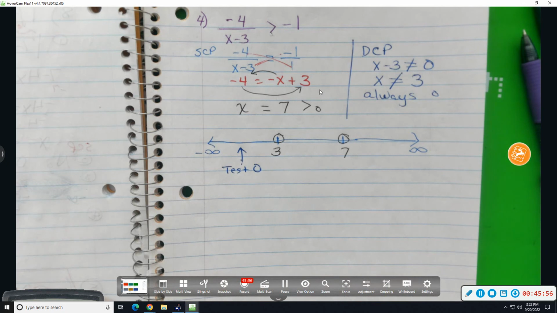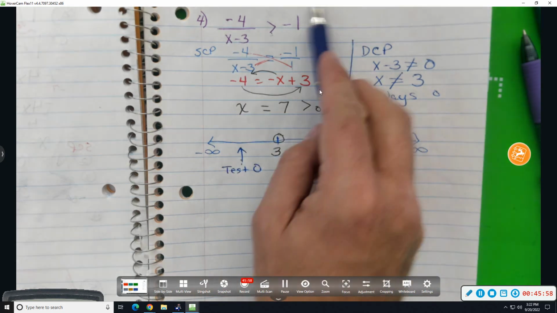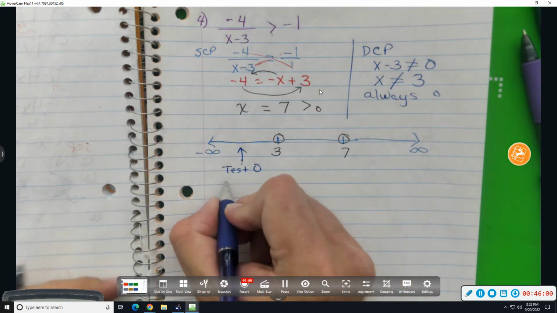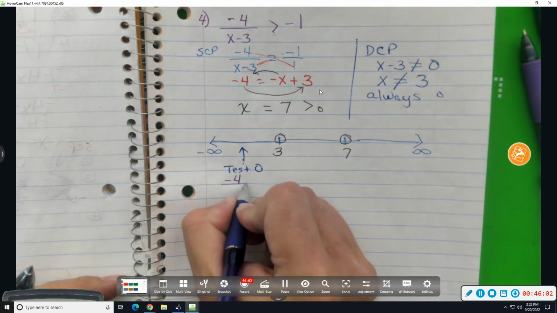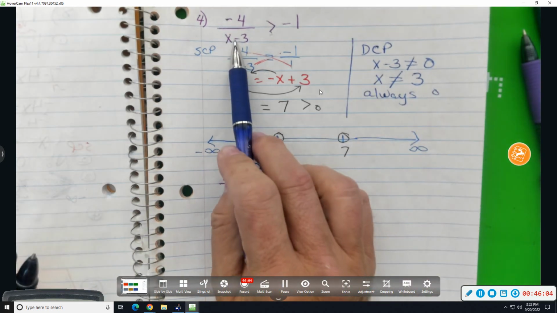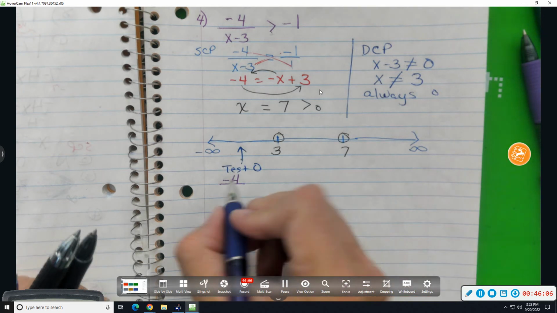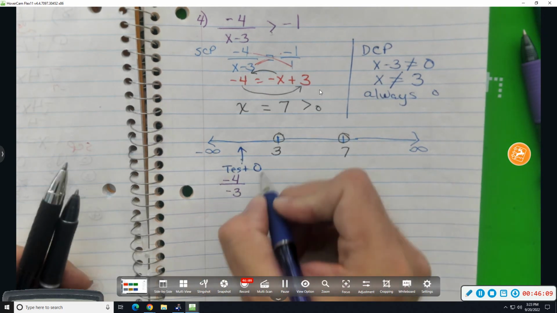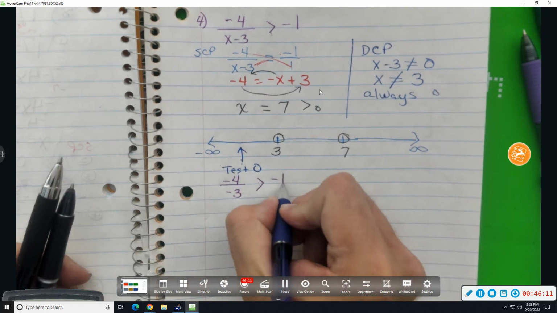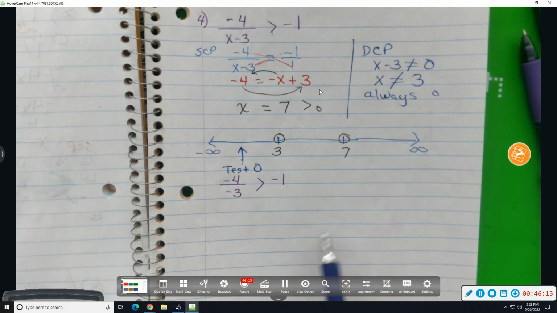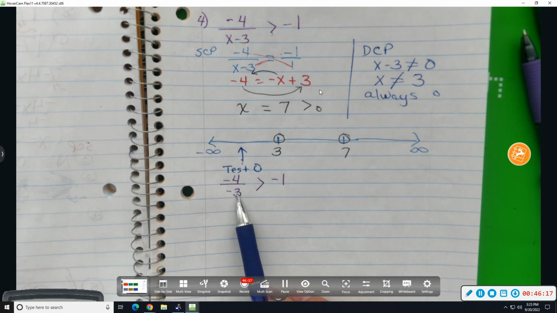0. So I'm plugging 0 into the original problem. I have a negative 4 on top. 0 minus 3 is a negative 3. Is that bigger than negative 1? Well, negative divided by negative is positive.